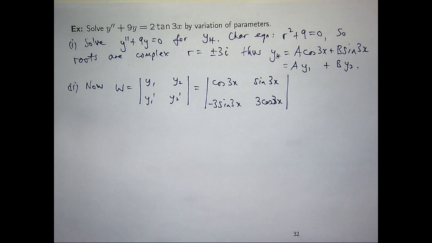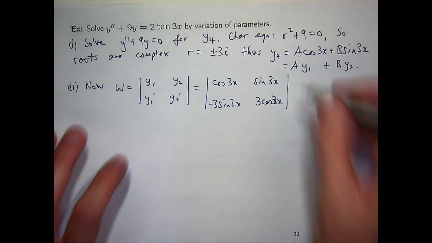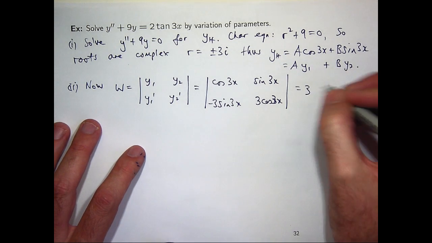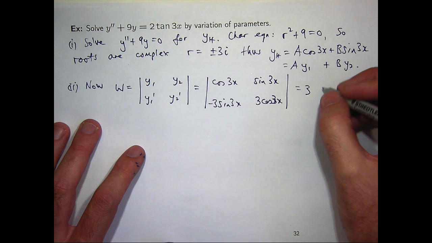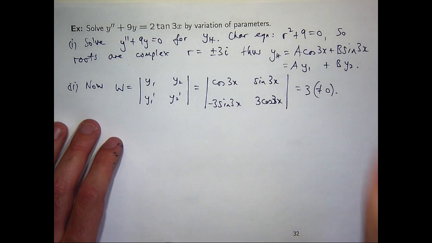Now if I expand this, I'm going to get something involving cosine squared plus sine squared. Okay? The 3's out the front give me an answer of 3. Okay, again, it's non-zero.